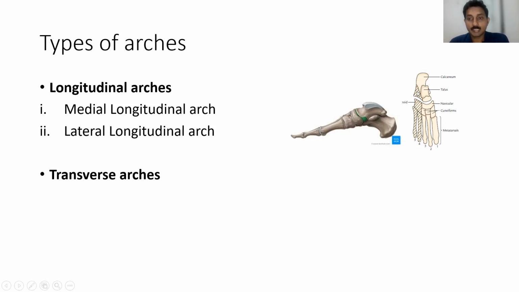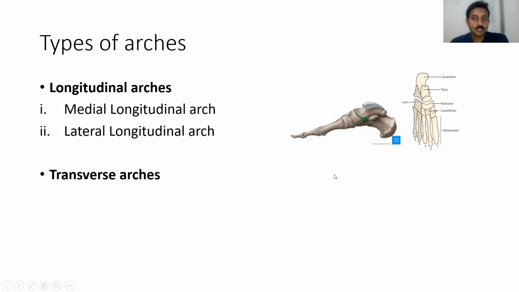This is a part of the calcaneus, then the cuboid bone, fourth metatarsal and fifth metatarsal. These form the lateral longitudinal arch. The other bones will form the medial longitudinal arch. What are these bones? Again, the calcaneum, talus, navicular, three cuneiforms, and three metatarsals will form the medial longitudinal arch.